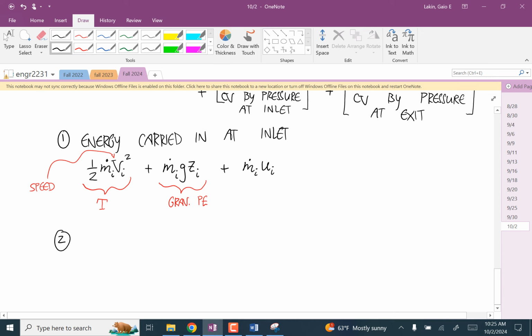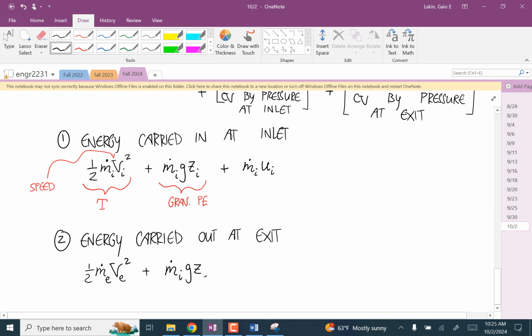And then the energy carried out at the exit is going to look exactly the same. That's going to be 1/2 m dot at the exit times the speed at the exit squared, plus m dot times g times the height at the exit.